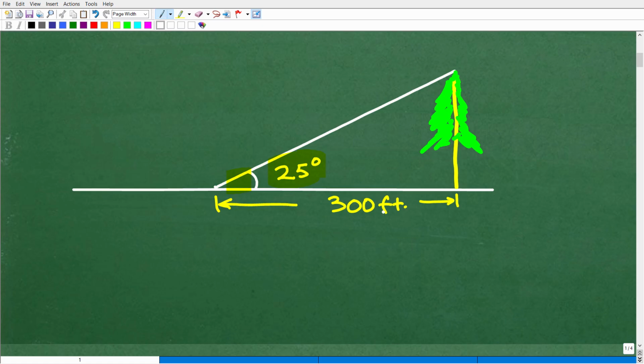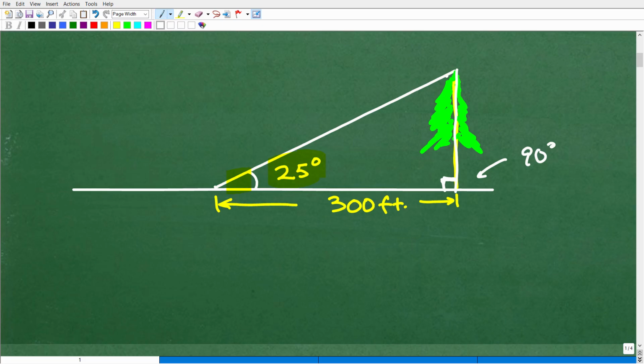And what we want to do in a particular word problem like this is distill this down into a right triangle. So we're going to assume that the tree is not off on some sort of angle, that it happens to be perfectly perpendicular to the ground. So that's going to form a right angle right there, i.e. 90 degrees. We kind of have to make that assumption.